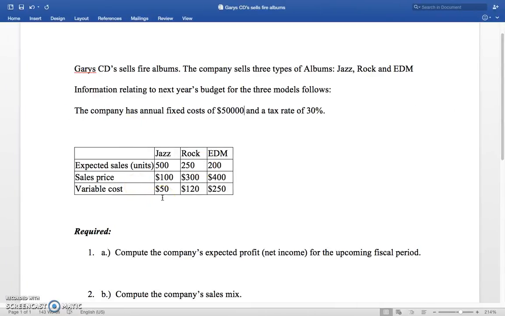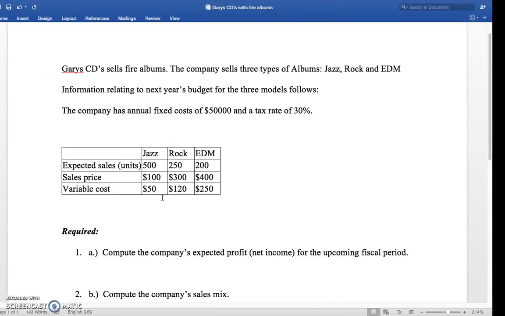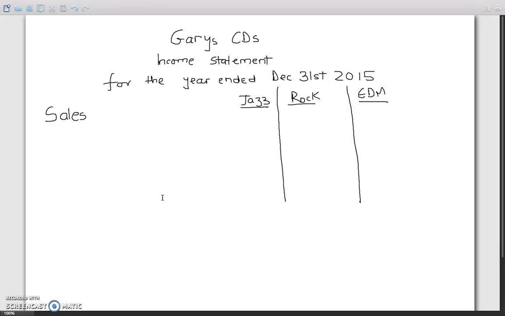Over here we have a sales price of 100 and expected sales of 500. So it's 100 times 500, so that's 50,000. I just like to do it on the calculator because my mental math is terrible. Just for your reference, I'm going to write out the calculation at the bottom.